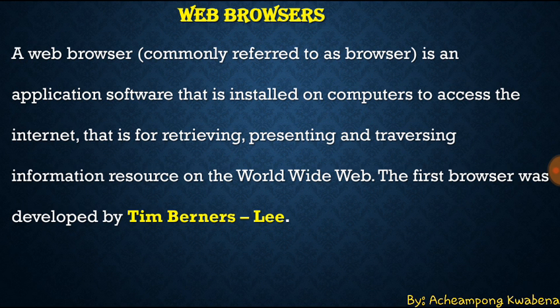When a browser is installed on a computer, it helps the user to retrieve, present, and traverse information from the internet or from the World Wide Web. The web browser was developed by Tim Berners-Lee in 1990. So in 1990, this application was developed and it was introduced in 1991.